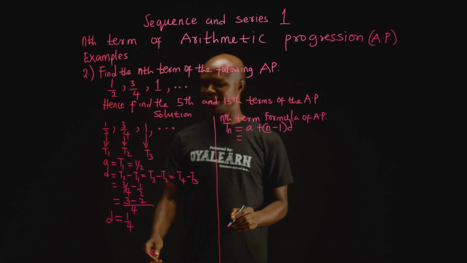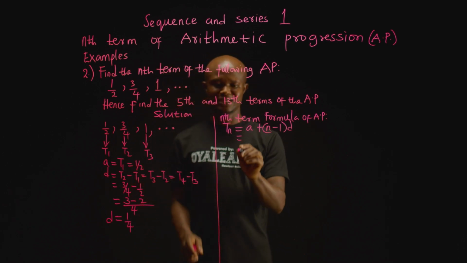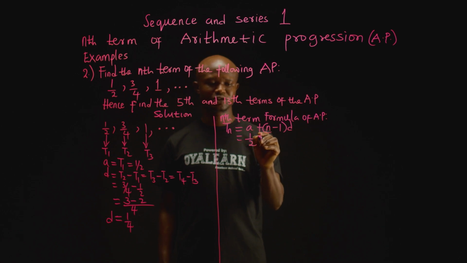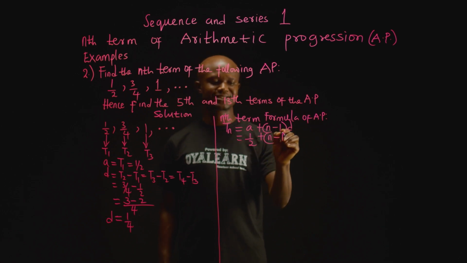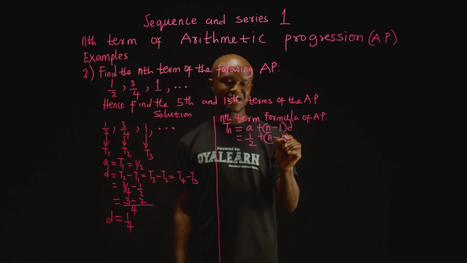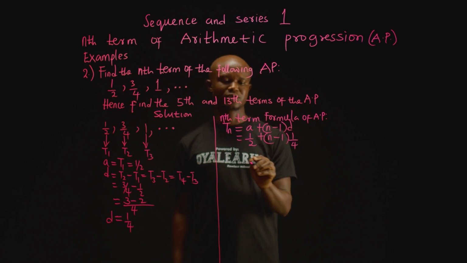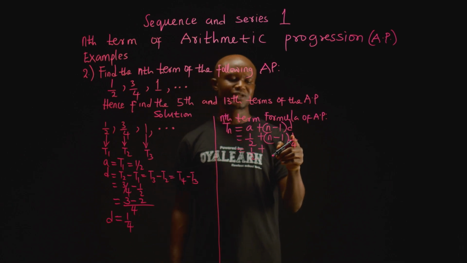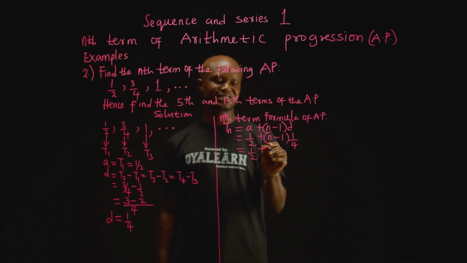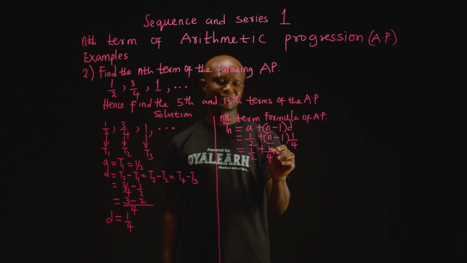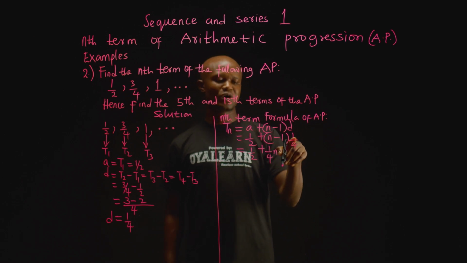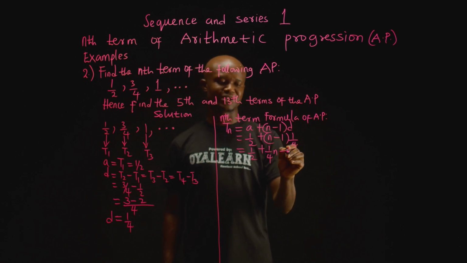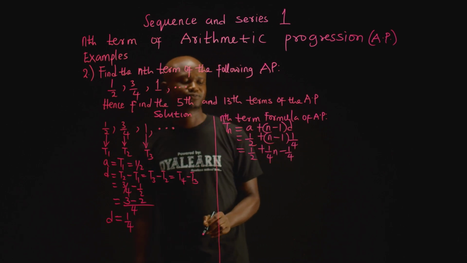Now, what is A? The first term. That's 1/2. And what is D? The common difference. That's 1/4. So in this case, we have 1/2 plus 1/4 times n, that is 1/4 n. Then 1/4 times minus 1, we have minus 1/4.